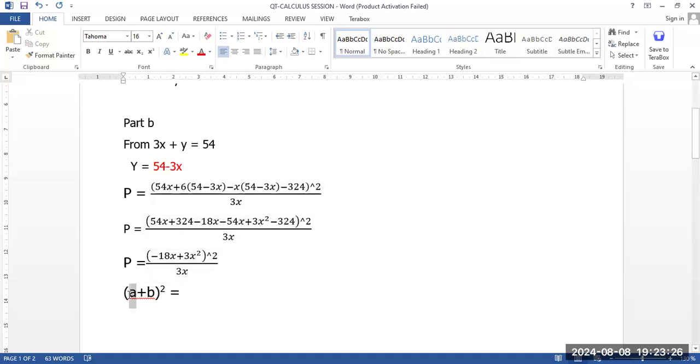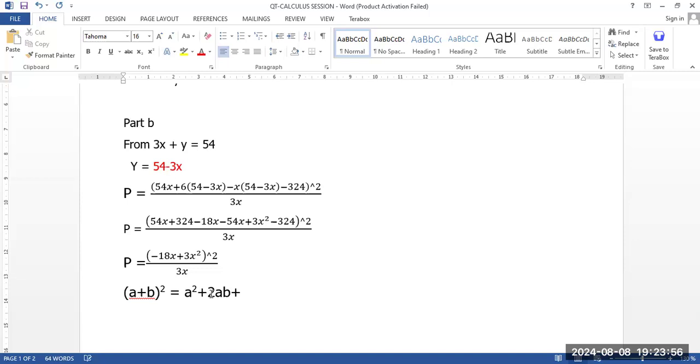You're going to get A, you square it, it will be A squared. Then you add 2 times A times B, which is 2AB.